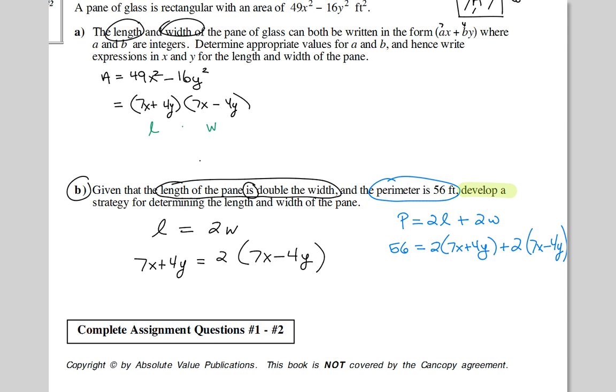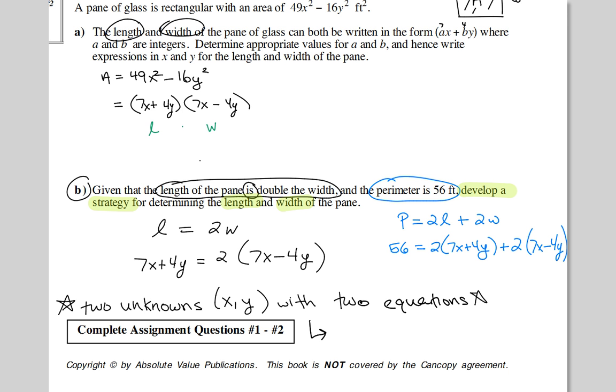So what they mean by this strategy for the length and the width is quite simply two unknowns, that's your x and your y, with two equations. What does that mean you have to do? Last unit of Math 10.